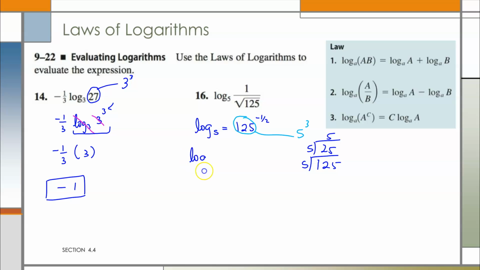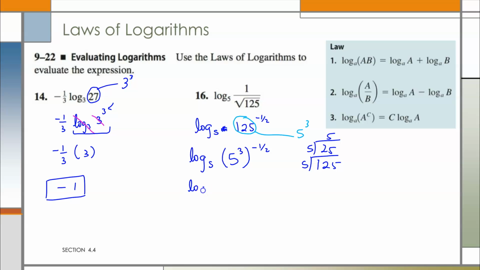So log base 5 of 5 to the 3rd to the negative 1/2. We didn't do anything, we just rewrote 125 as 5 cubed.